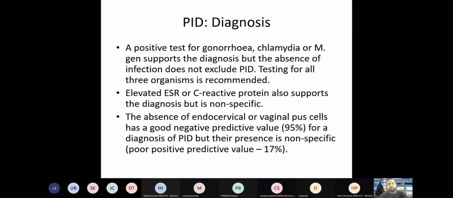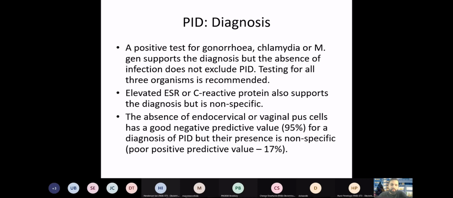Diagnosis: of course, a positive test for gonorrhea, chlamydia, or Mycoplasma genitalium supports the diagnosis, but the absence of these infections does not necessarily rule out PID because other organisms are involved as well. Testing for all three organisms is, however, recommended. An elevated ESR or CRP, indicating an inflammatory process in the body, is supportive but not a specific investigation.